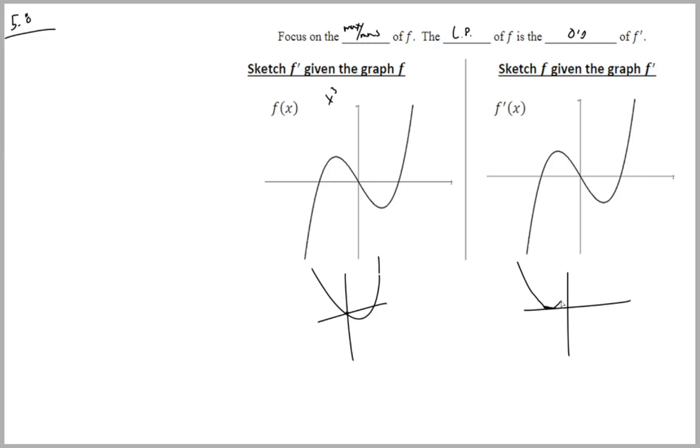Then it starts going up, slowly going down, and then back up, and then with a negative derivative it'll go down, and then once again go back up.